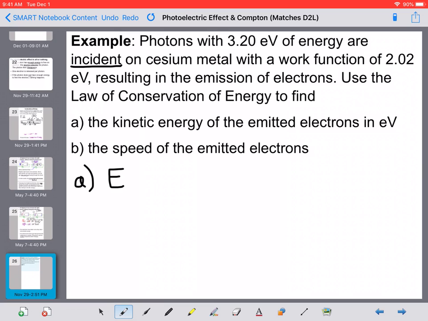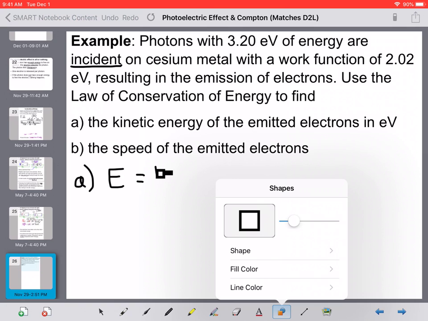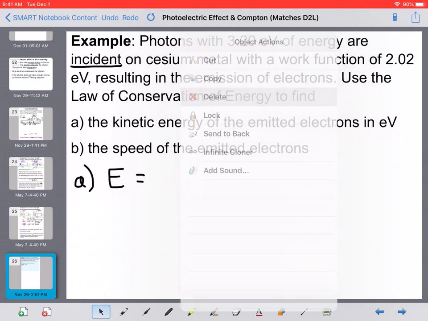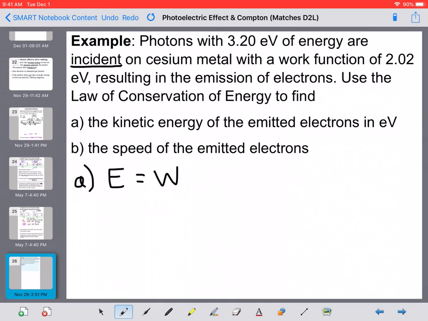Remember the formula is this: E, which is the energy of the photon, equals the work function of the metal, W, plus the kinetic energy of the electrons, EK.